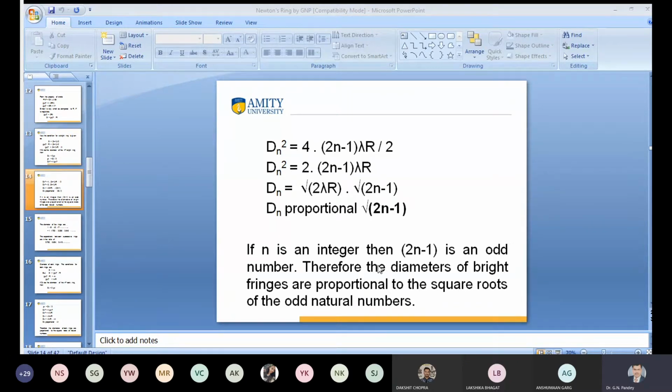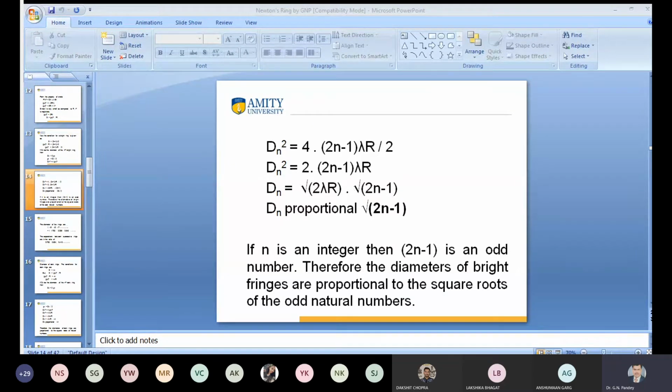If n is an integer quantity, then 2n minus 1 is an odd number. So from this, we can say that the diameters of bright fringes are directly proportional to the square root of odd natural numbers.